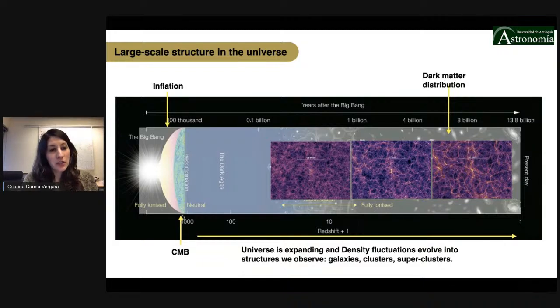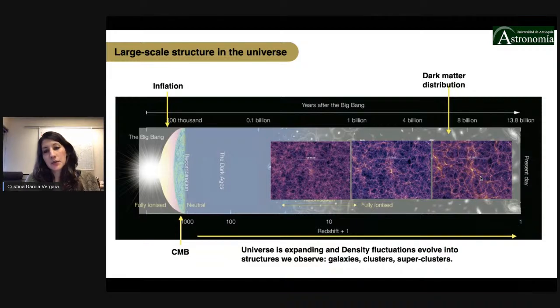And we have an observational proof of what was the matter distribution just after the inflation at that early cosmic time. I showed you that dark matter distribution grows over time, in which matter overdensities become more overdense with time, and matter underdensities become less massive with time.